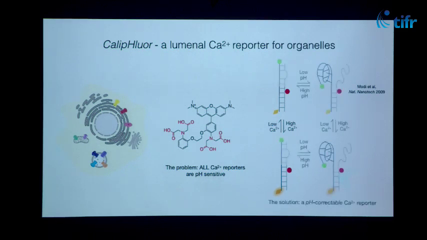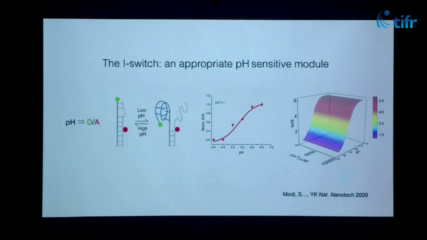Now, if you attach a pH sensor, such that in every lysosome I know exactly what the pH value is, and I know how the dye's properties change as a function of every value of pH and calcium, then I can introduce a pH correction factor and get the value of calcium. That's exactly what we did.